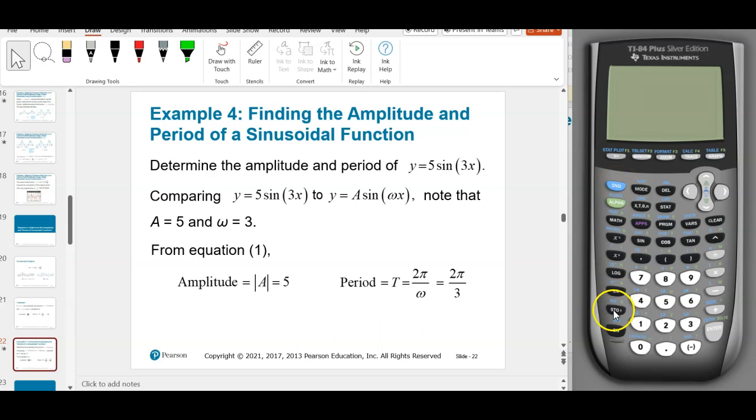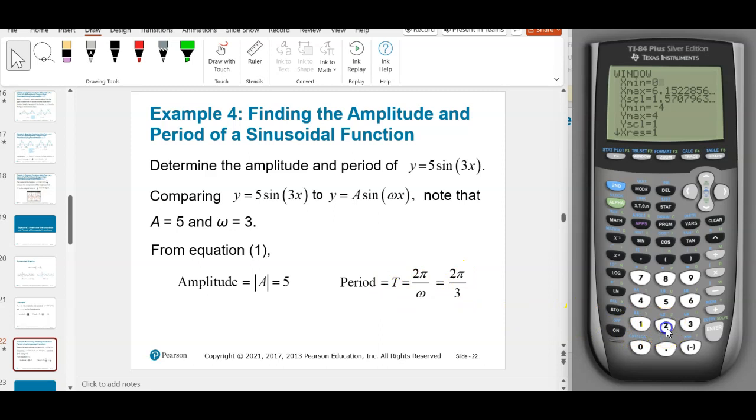All right, so let's turn the graph on. There's 5 sine 3x. I'm going to hit graph. You can see I'm going out of the window here, so I'm going to change the window. I'm going to press window. My min and max are these two numbers that are determined by the fact that I used zoom trig before. I can make my minimum be 0 and make my maximum be what a period is.